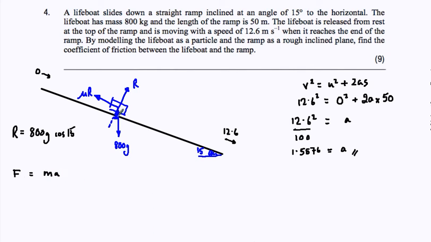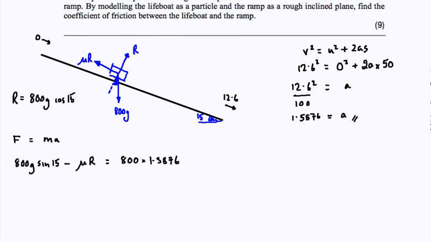The force coming down the slope is given by the weight, but not all of the weight, just the sine component in this direction. So 800g sine 15 going down the slope, minus, of course, the friction which is going up, mu times R. So force equals mass times acceleration, and acceleration I've already worked out to be 1.5876.